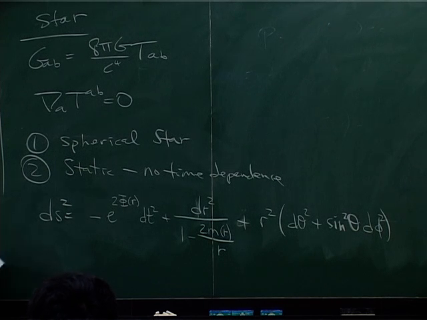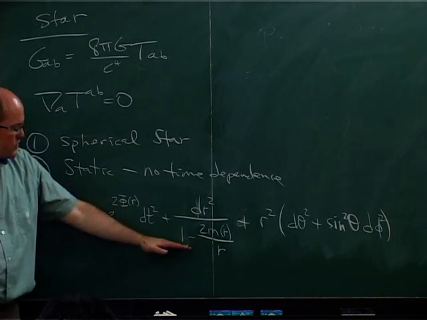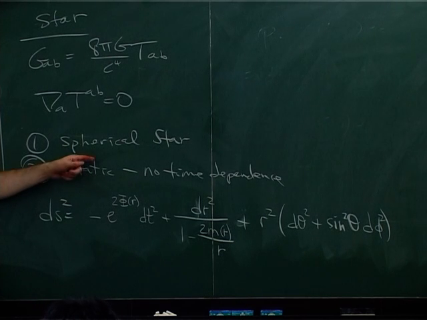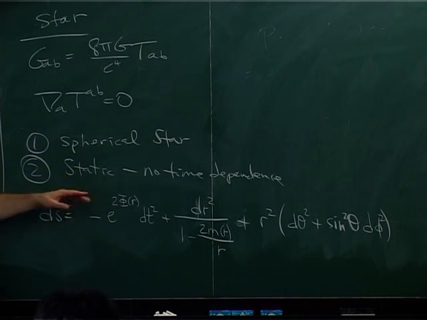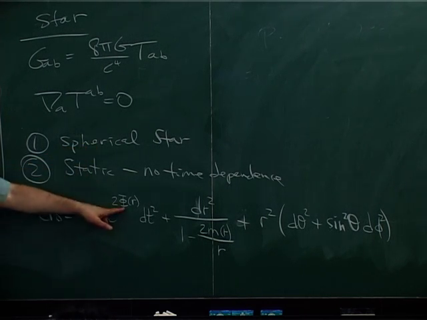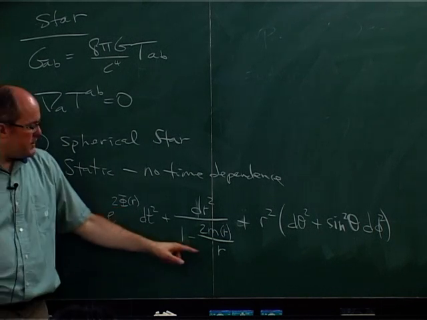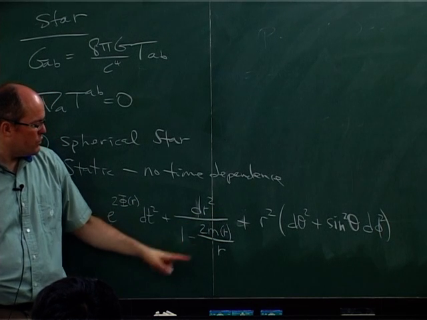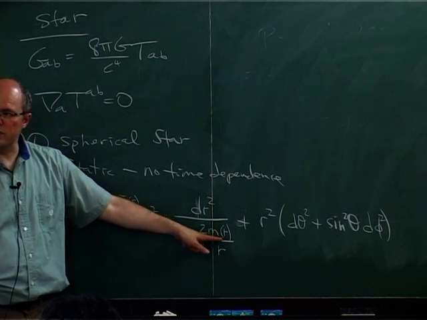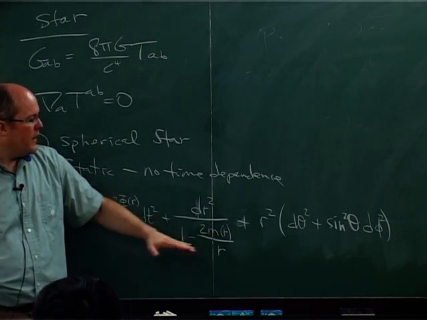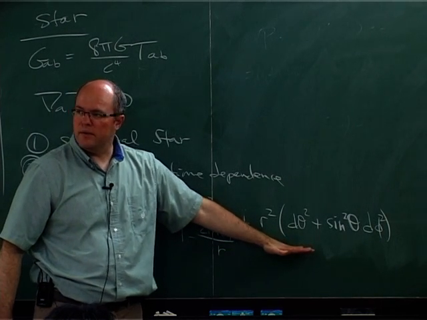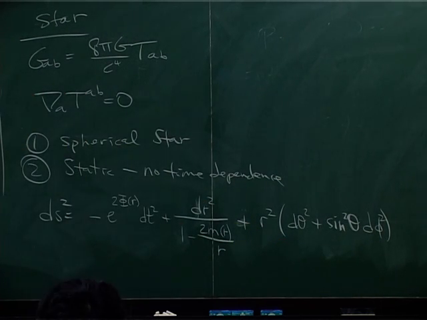This is the most general way that I can write down a spherically symmetric space-time that is static. I have a function here, capital phi. It depends only on r. I've written this term in a suggestive way with a little m that is also a function of r. And then I have the angular part for a spherically symmetric space-time.